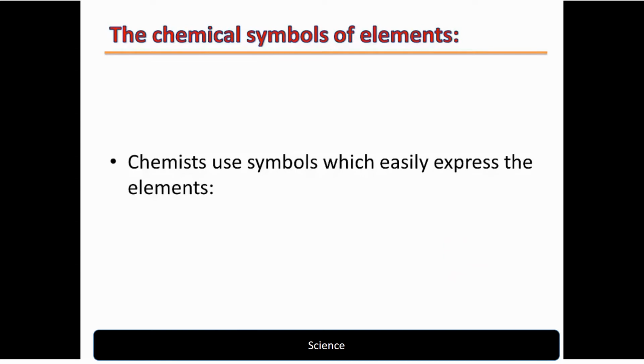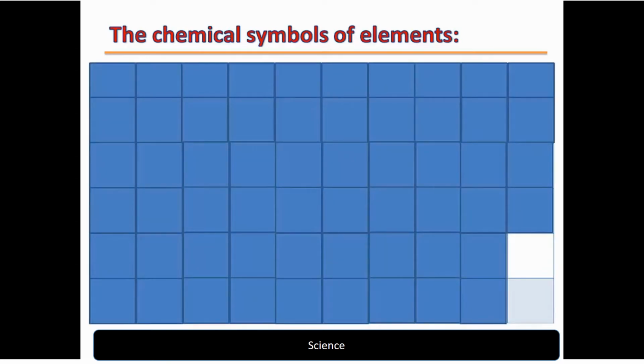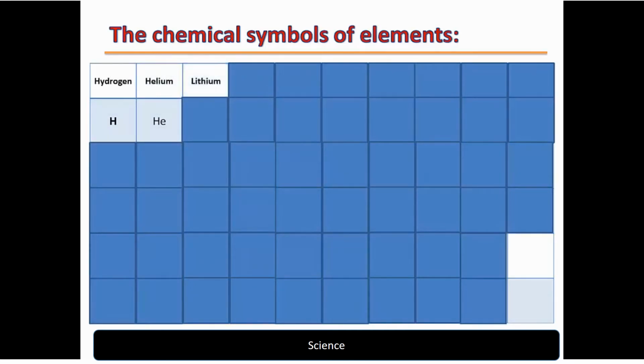Chemists use symbols which easily express the elements. Chemical symbols of elements. We have to memorize each element and its symbol. Hydrogen, its symbol is H. Helium, He. Lithium, Li.